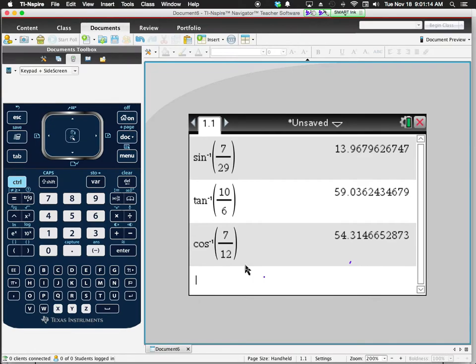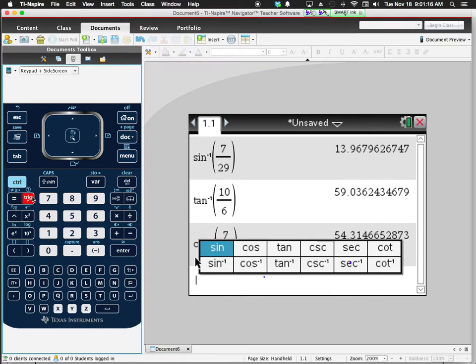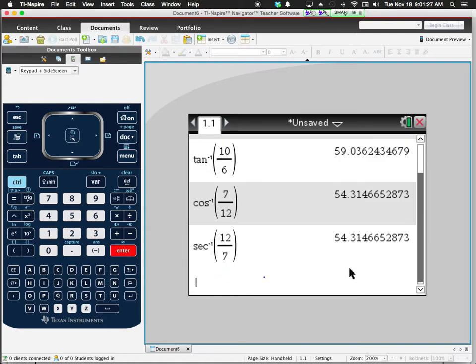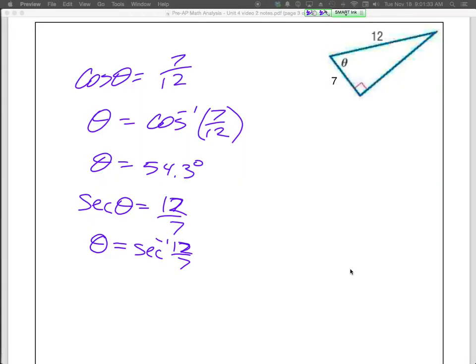So I go to my calculator and I choose trig and I do inverse secant. Inverse secant of 12 divided by 7. I should get the same answer. There it is. Alright, so that is solving for an angle given two sides.